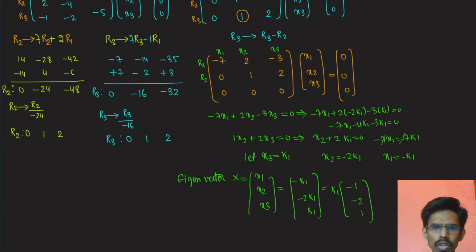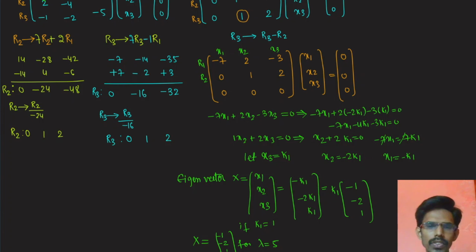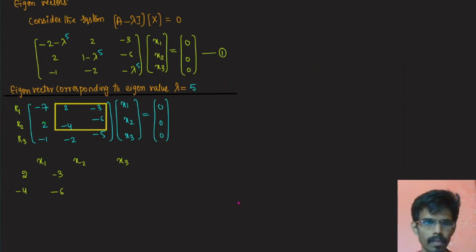If the value of k1 is taken as 1, then the vector minus 1, minus 2, 1 will be the eigenvector for eigenvalue lambda equal to 5. This is the answer for this question.